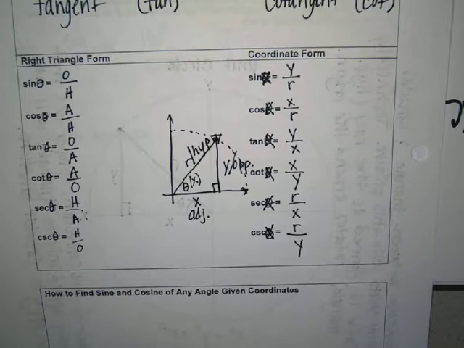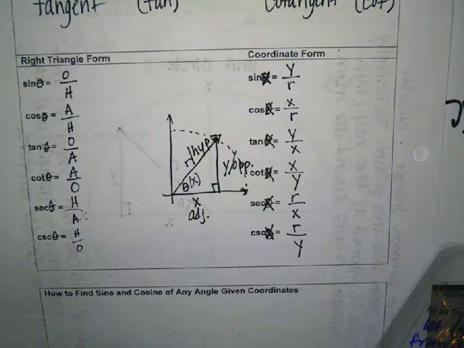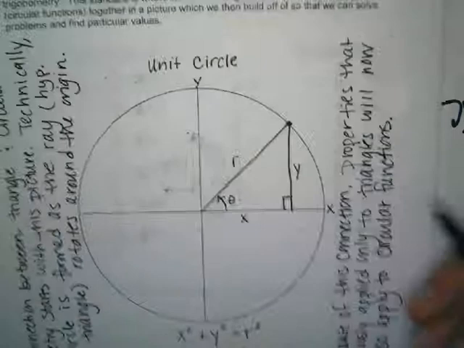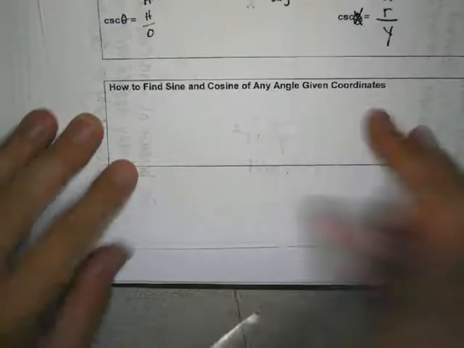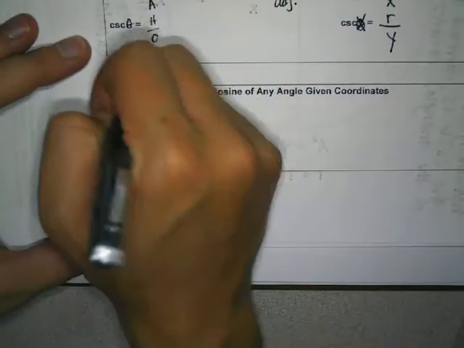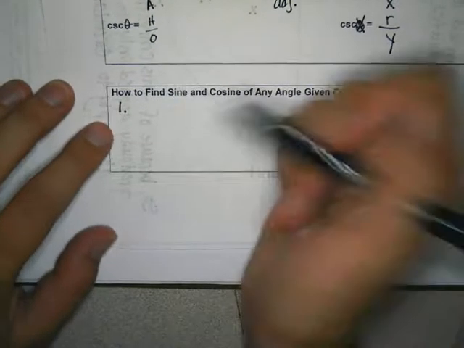Okay, so how do we find the sine and cosine of any angle given the coordinates? Now, I'm going to write down the steps, and then we'll actually do an example.